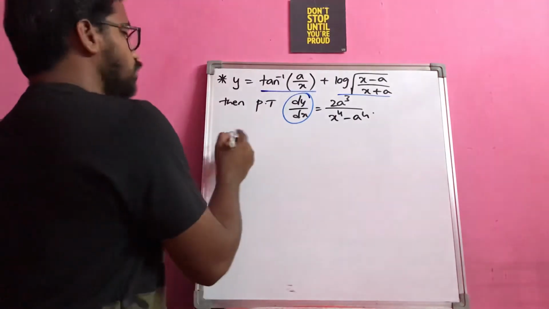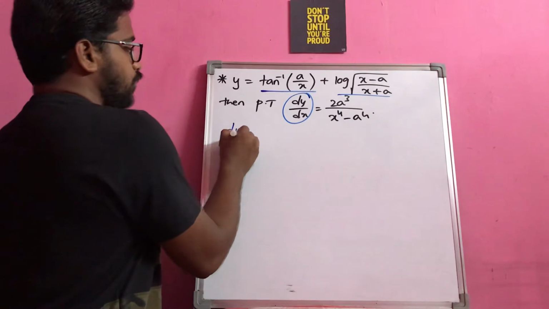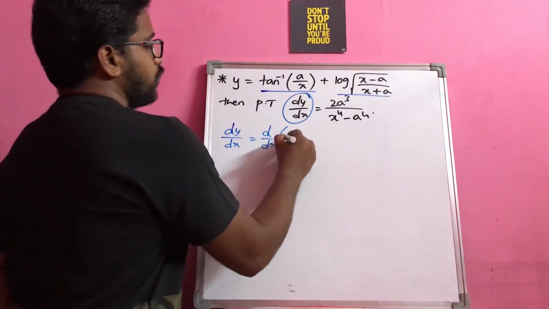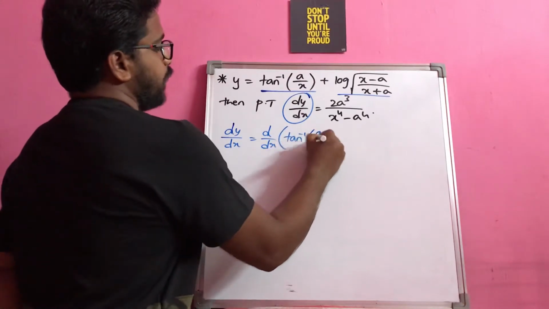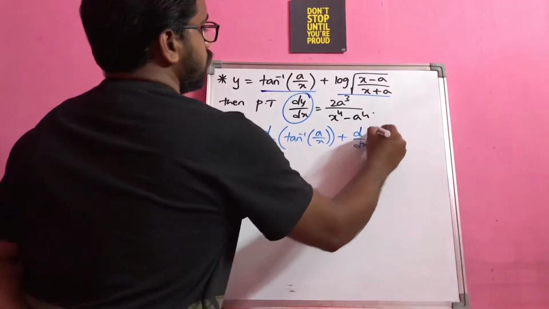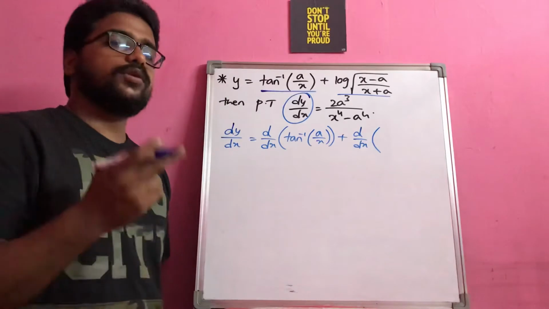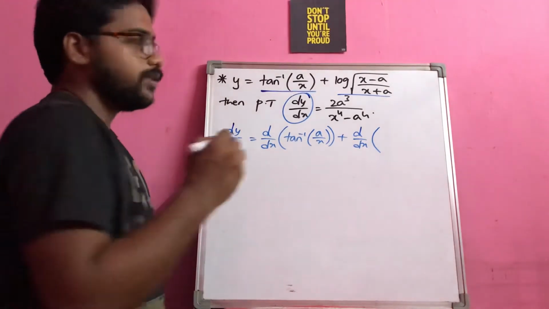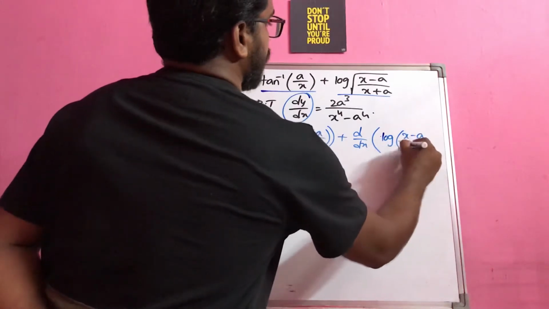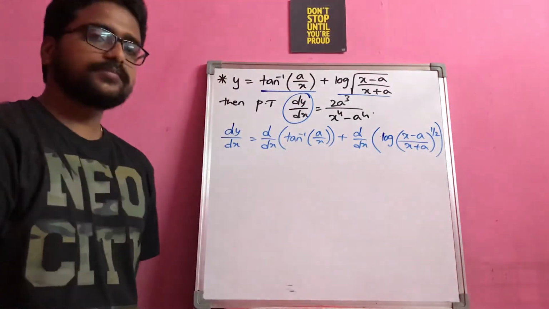If I directly apply the differentiation, you will get dy by dx is equal to d by dx of tan inverse a by x plus d by dx of, see, I told you in the last class, whenever you see a square root or cube root, try to write it in the form of a power, so that you will get the further simplification idea. So x minus a by x plus a whole power half you will have.